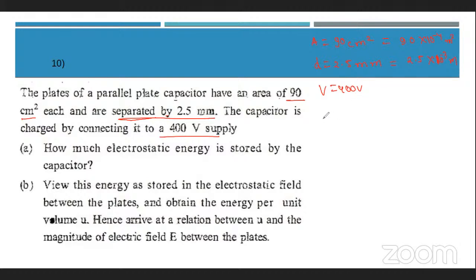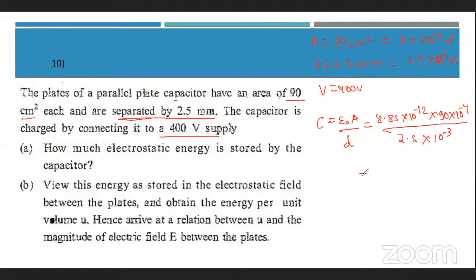So you can use the formula C is equal to epsilon naught A upon D to find out the capacitance. So it would be equal to what? 8.85 into 10 raised to minus 12 into area, 19 into 10 raised to minus 4, upon D, which is 2.5 into 10 raised to minus 3.